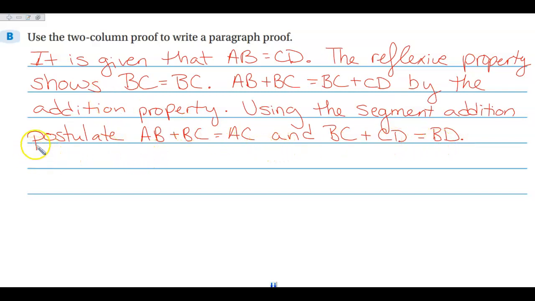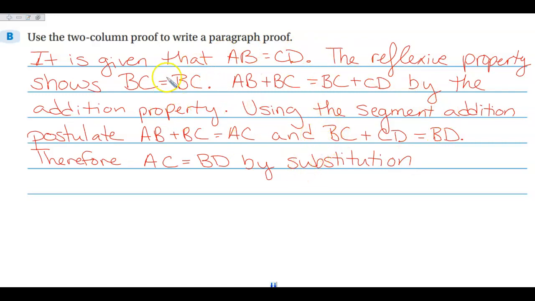I like to wrap up the last sentence with a therefore. We can say, therefore, AC equals BD by substitution. Now, know that there's a lot of different ways to say this.